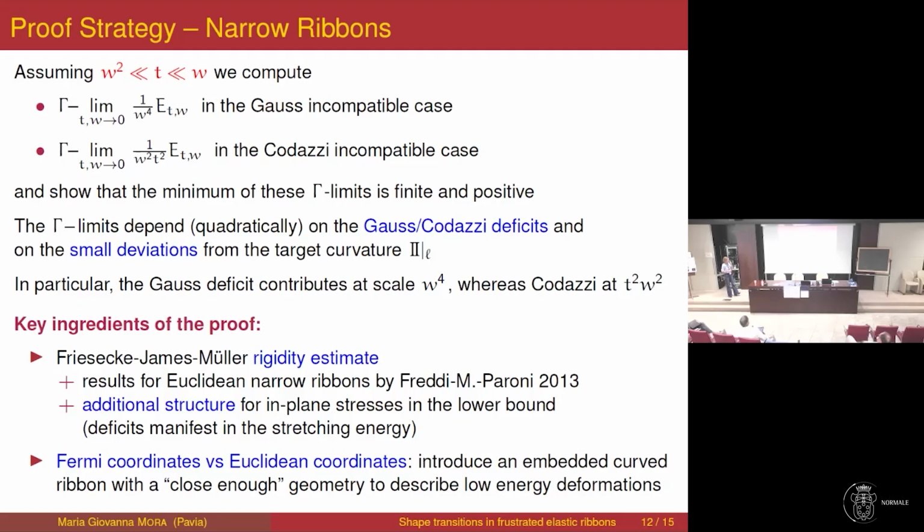But with respect to these works, we also need some more precise characterization of the in-plane component of the stresses that were not needed in the previous work, because in previous works these components of the stress could be neglected in the lower bound, and then in the upper bound you could show that you had an ansatz with zero in-plane stress components, while here we cannot neglect these terms because it is exactly here that we see the Gauss and the Codazzi deficit, so the failure of the Gauss equation or the Codazzi equation.